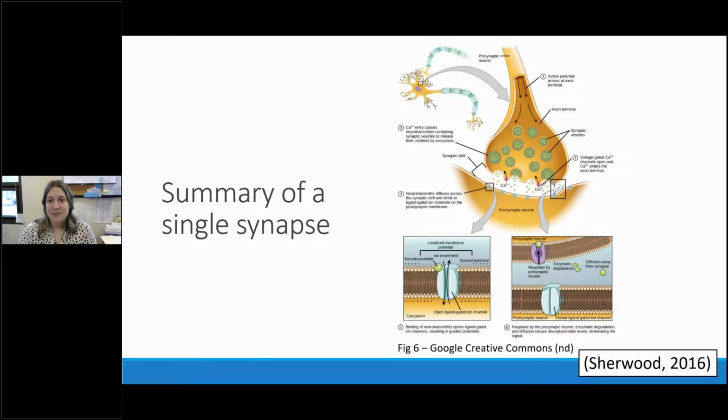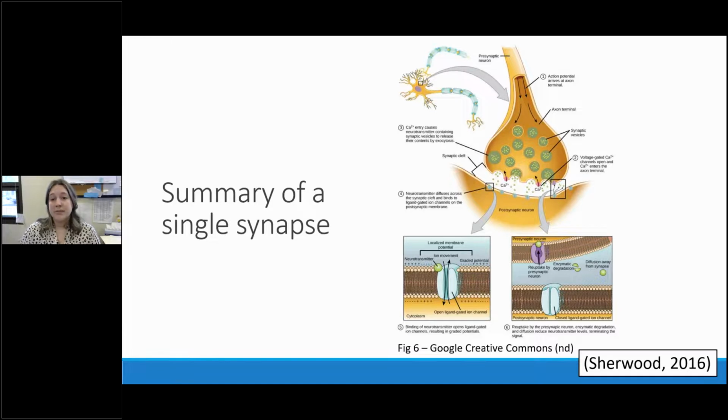Action potential, the sodium-potassium exchange through the membrane of a cell, reaches the axon terminal of a neuron cell. Voltage-gated pores open specifically for calcium ions to enter into the axon. The increase in positive energy releases neurotransmitter from the axon towards the synaptic gap between the dendrite of the postsynaptic neuron.